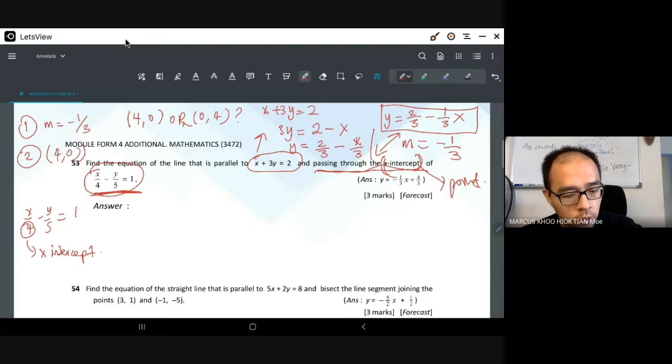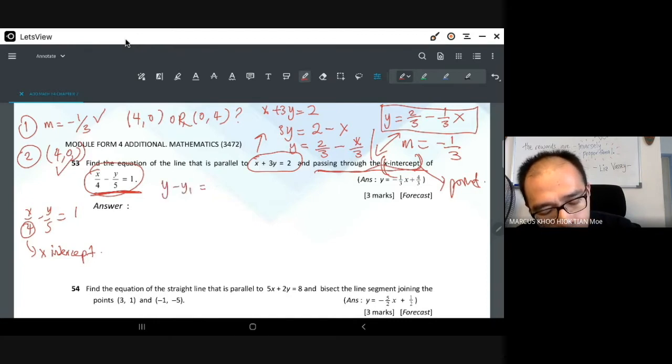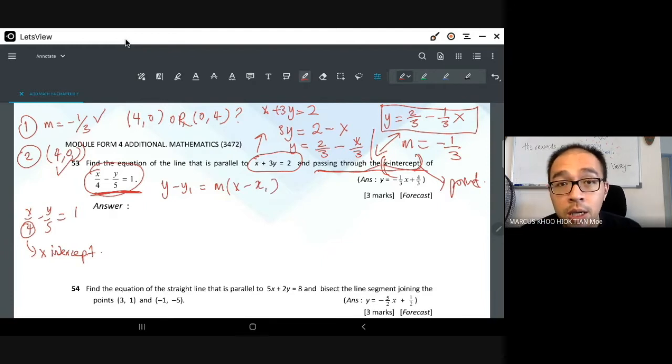Now, we have the gradient, we have the point. Can we form the equation of the straight line? Can. We use y minus y1 equals m(x minus x1). What do we substitute? We only substitute the y1, the m, and the x1. The y and the x, don't touch.